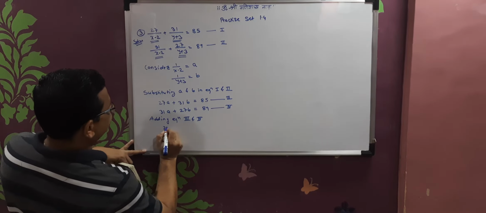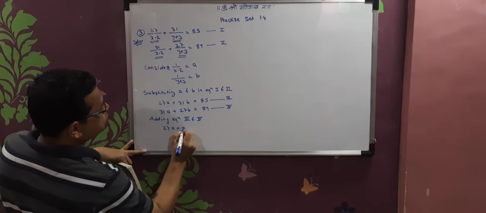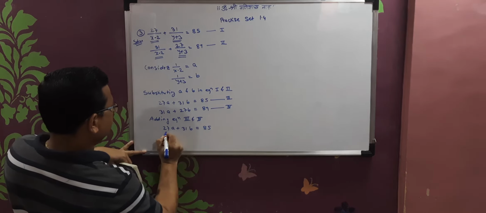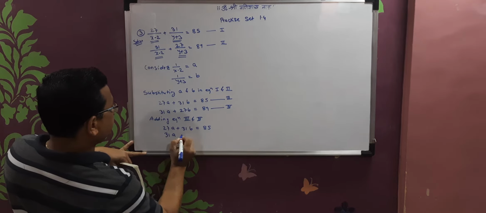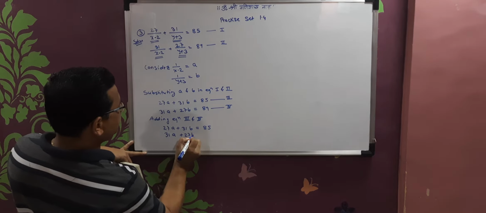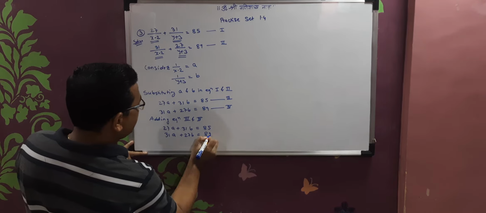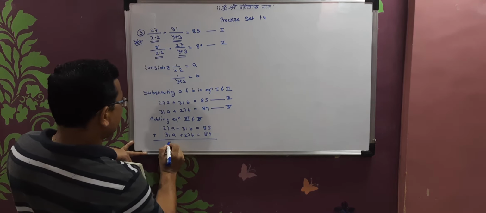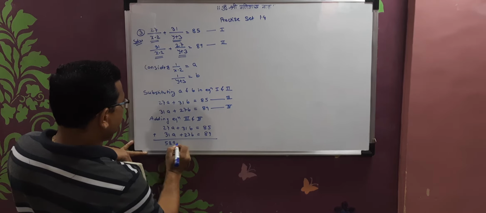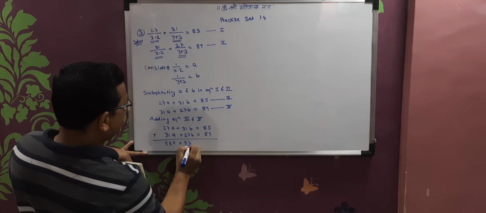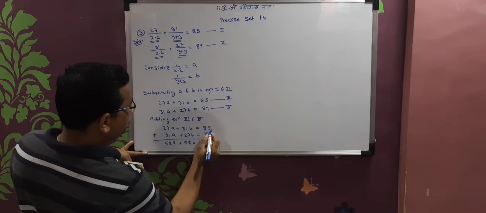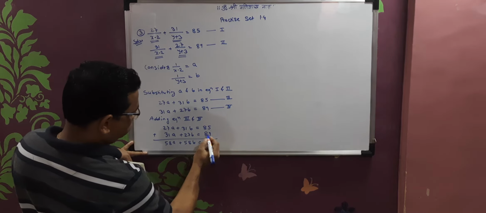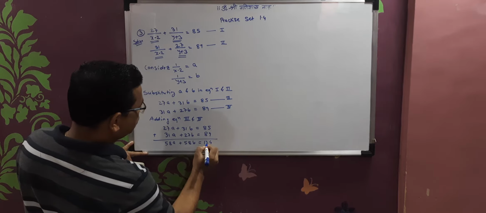This is 27a plus 31b is equal to 85, and this is 31a plus 27b is equal to 89. This is the addition of both. 27 plus 31 is 58a, here also 58b is equal to 85 plus 89, which is 174.